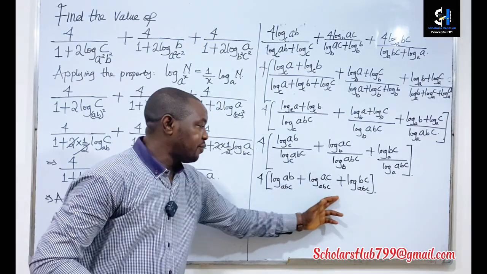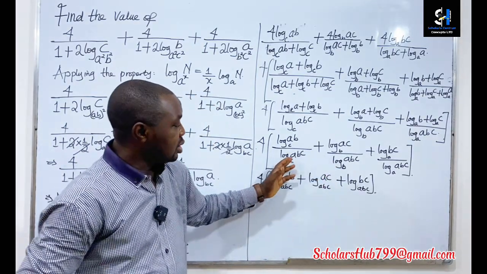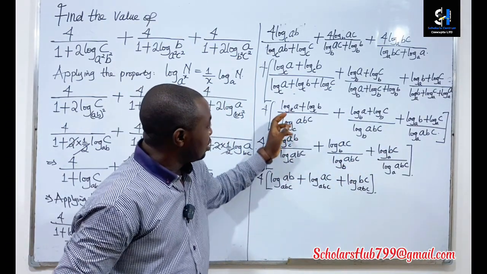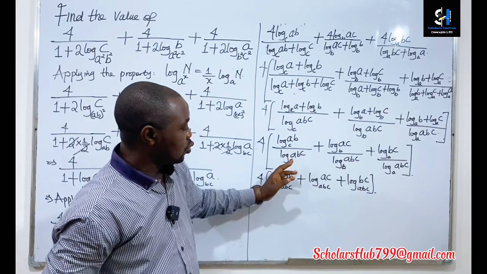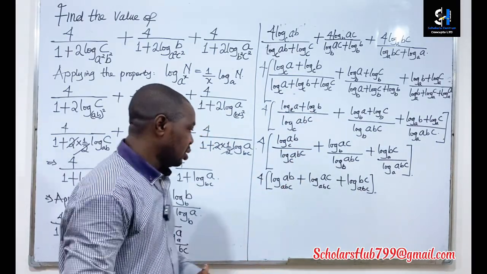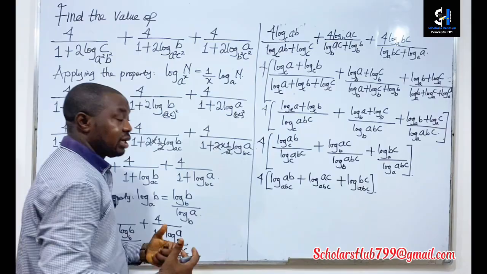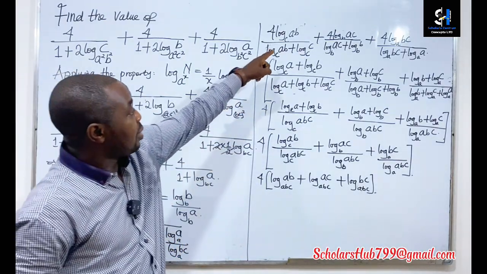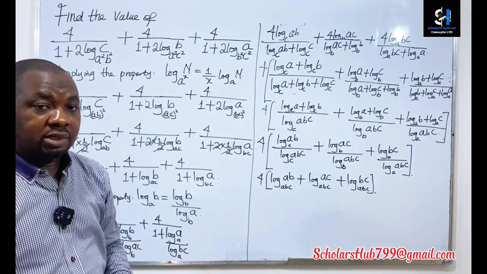So now this makes sense. They now have the same base. What I've done here is to simplify this further so that they can have the same base. Again, we apply the same property we applied here, which is the product rule.